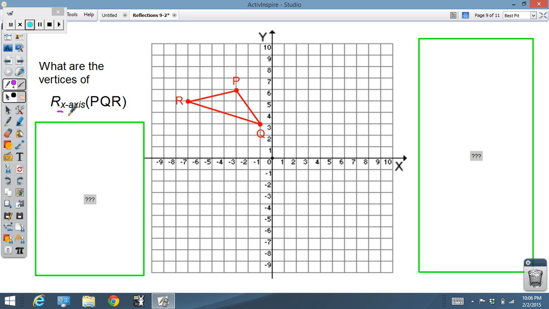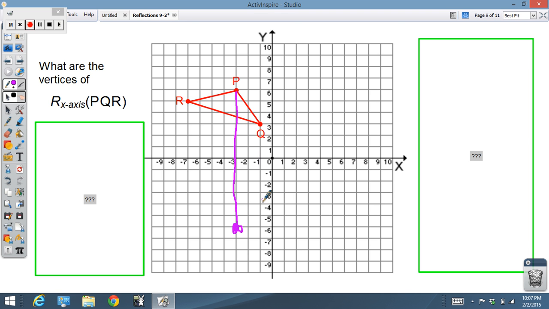Now, notice we didn't write M. We're going to use instead the x-axis. So what are the vertices of the reflection across the x-axis of PQR? I'm going to take P and look at the x-axis, which of course is this line right here. P is 6 units away from the x-axis, and the perpendicular distance would go straight down, so I'm going to go down another 6 units and put my dot right there.